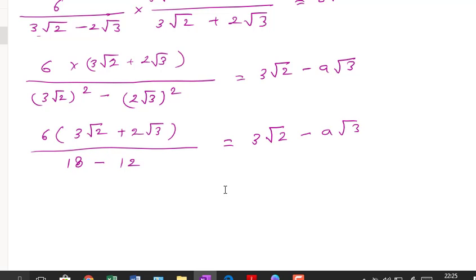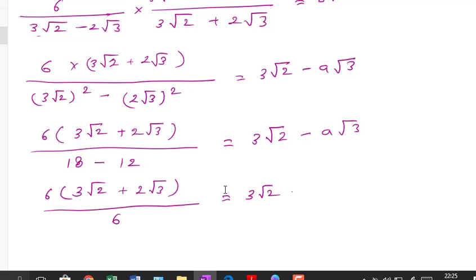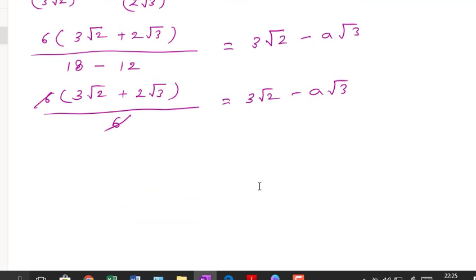On simplification we get 6 into 3 root 2 plus 2 root 3, divided by 18 minus 12, which is 6. On this side we have 3 root 2 minus a root 3. This 6 and this 6 will cancel. So we get 3 root 2 plus 2 root 3 is equal to 3 root 2 minus a root 3.